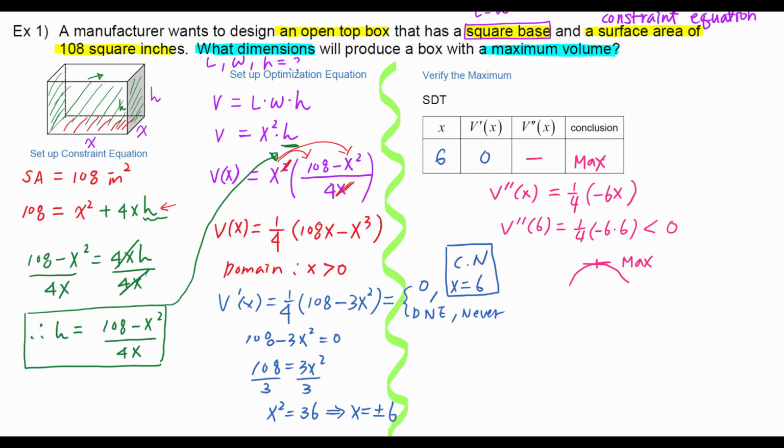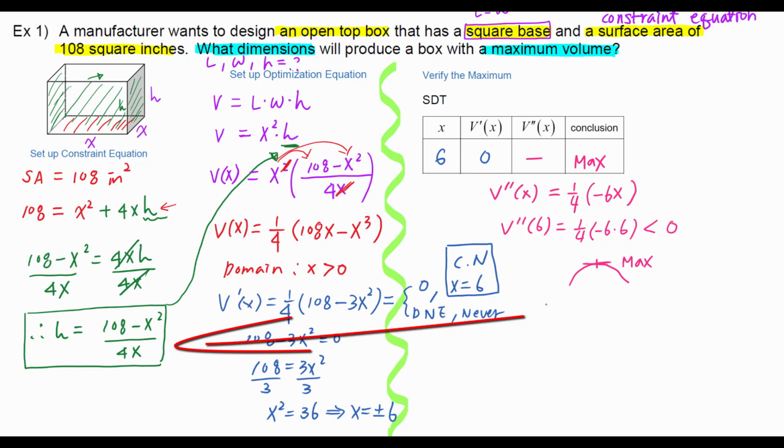So I found the x value, which is the length and width of the box. It still gives me the task of finding h as well. How do you find it? Remember, we had a relationship between x and h right here.